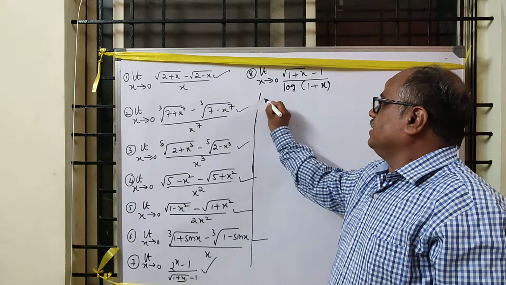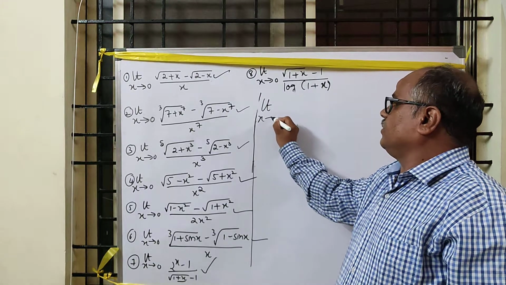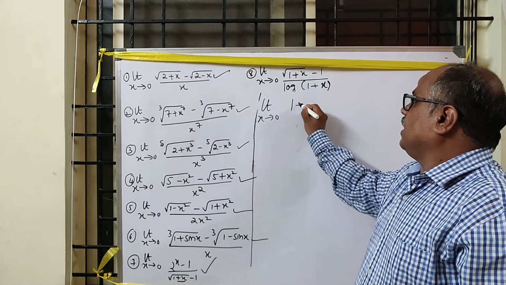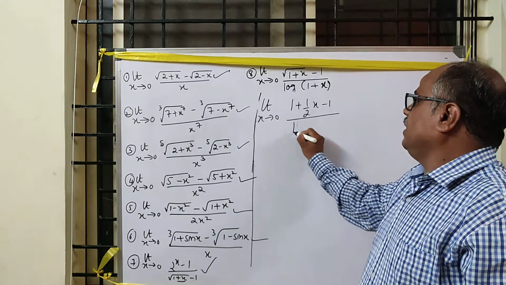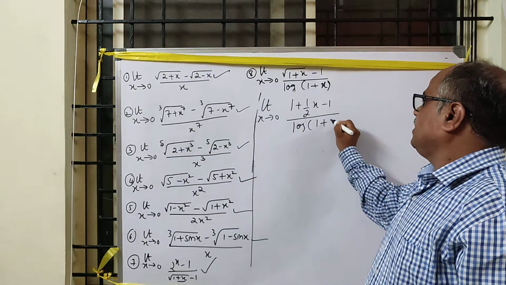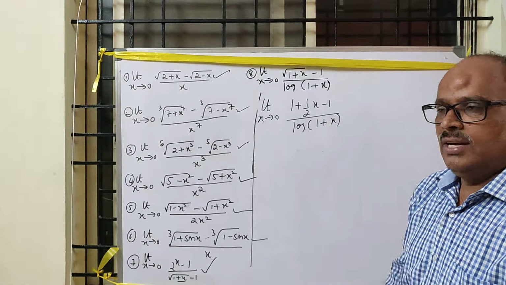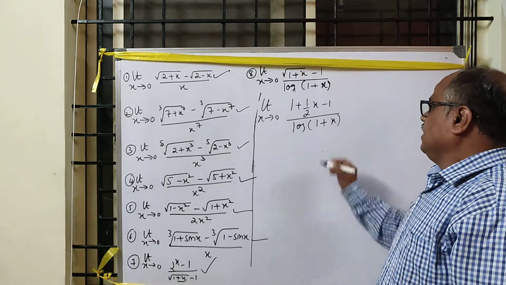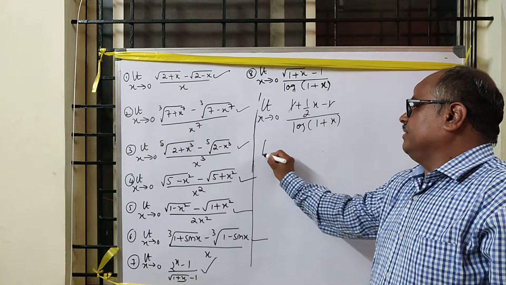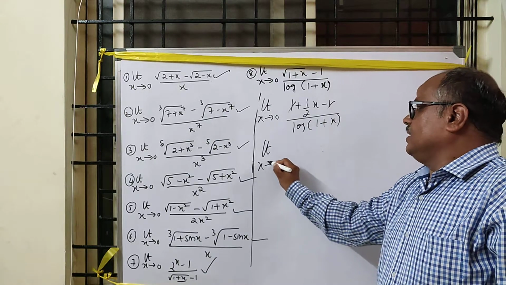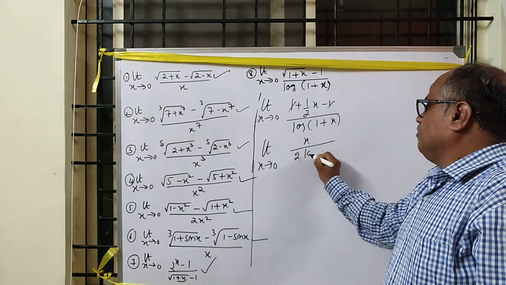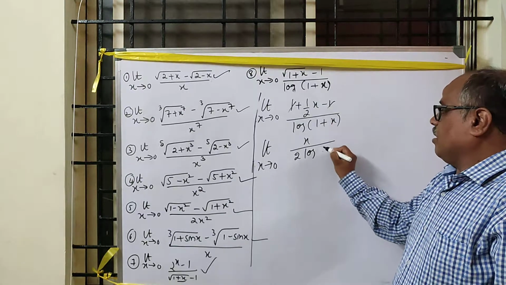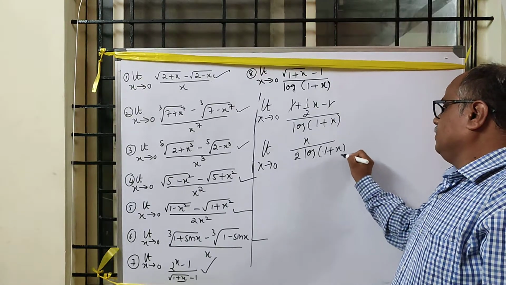The 8th one: limit x tends to 0, 1 plus 1 by 2 x minus 1 divided by log of 1 plus x. Minus 1 plus 1 cancels. Limit x tends to 0, x divided by 2 into log of 1 plus x.